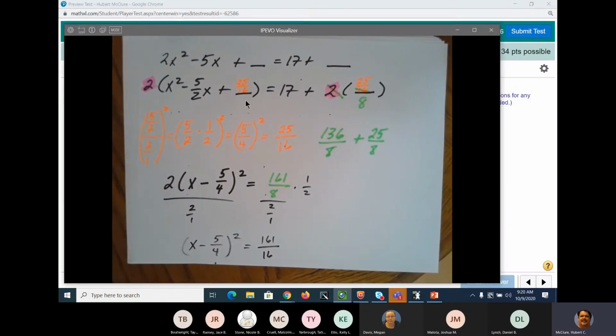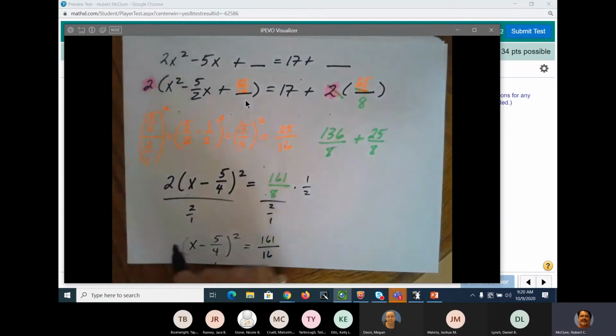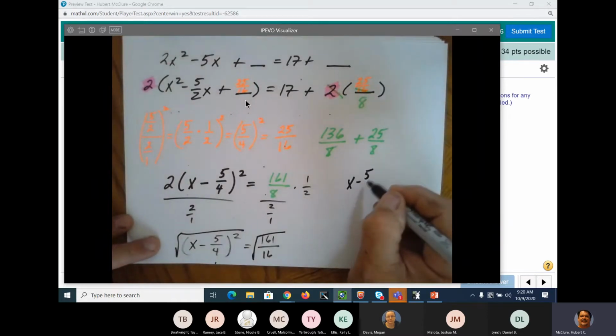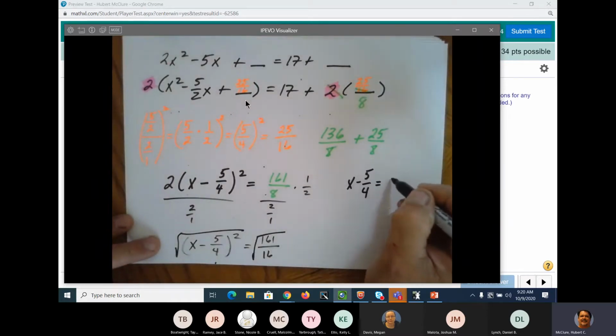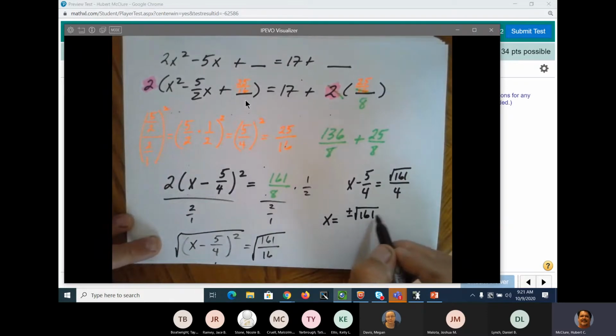Take the square root of both sides. X minus 5/4 is equal to the square root of 161 over 4. And x is equal to positive or negative square root of 161 plus 5 over 4.